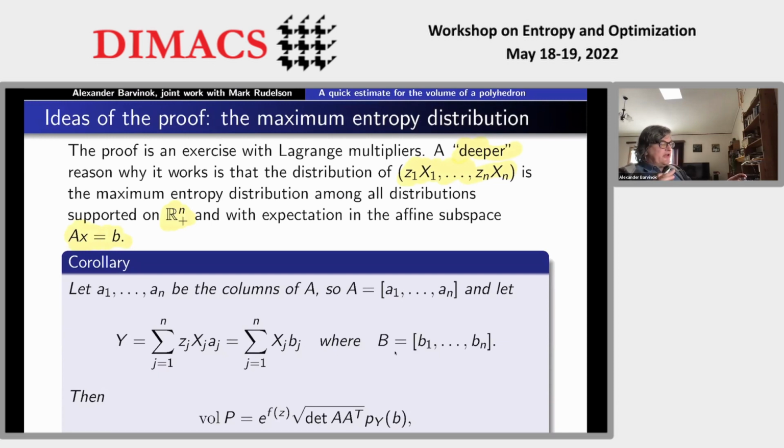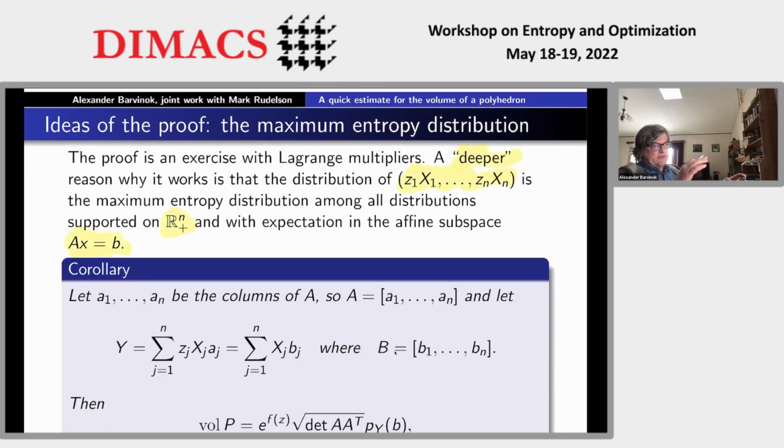And the moment you say that, you realize that it has to be constant on that subspace, because if it's not, you can rearrange the density, average it more, so that the expectation still stays in the affine subspace, but because you average, the entropy will go up.